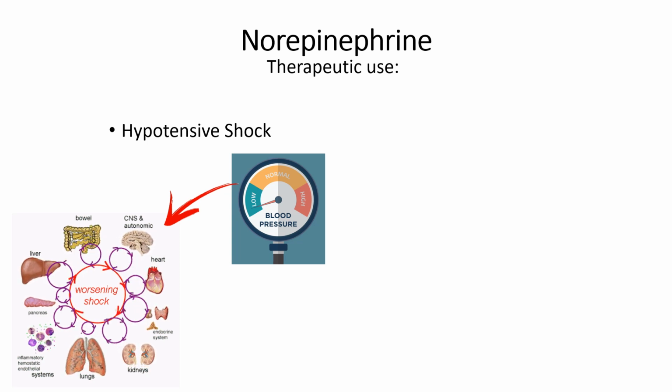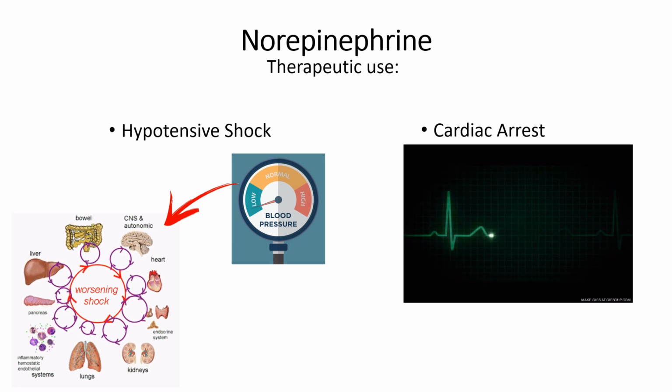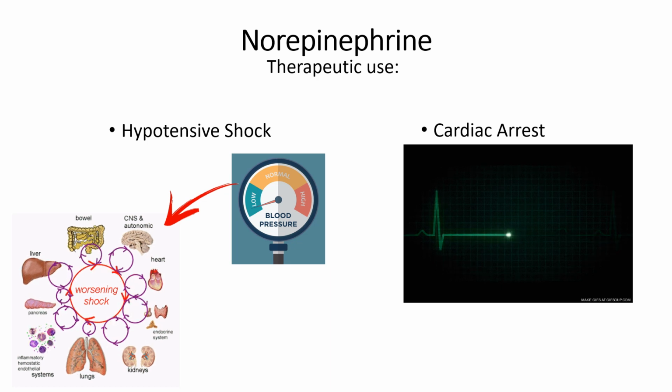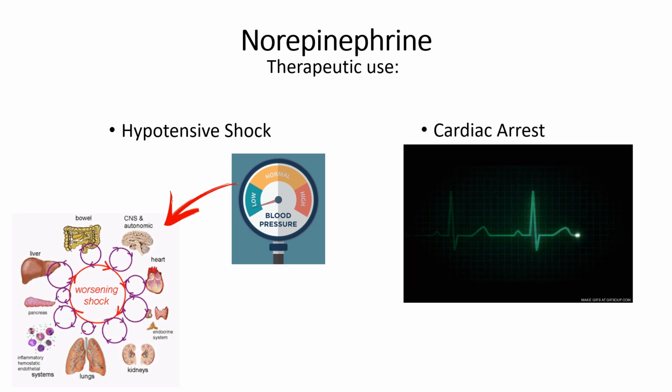The other use of norepinephrine is in the management of cardiac arrest through its agonist effect on beta 1 receptors. Norepinephrine has almost no beta 2 activity, which is why it has more limited clinical use in comparison to epinephrine.